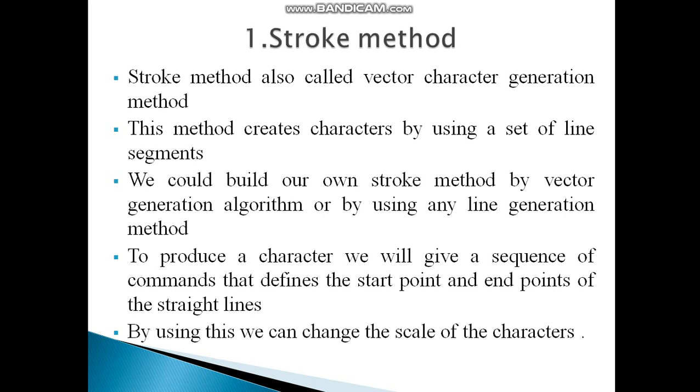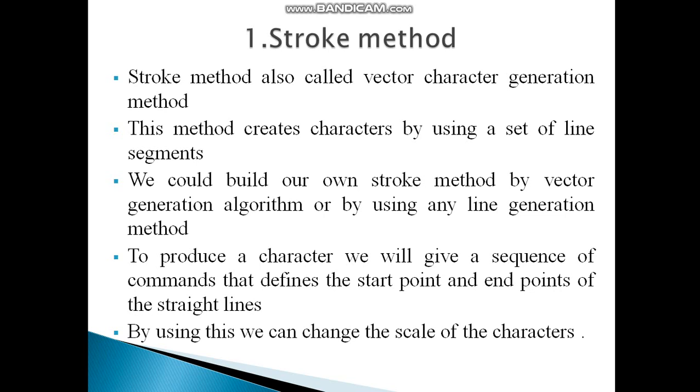To produce a character, we will give a sequence of commands that defines the start points and end points of the straight line. By using this, we can change the scale of the character. So in the stroke method, the font size can be increased by increasing the length and width of the graphics primitive.